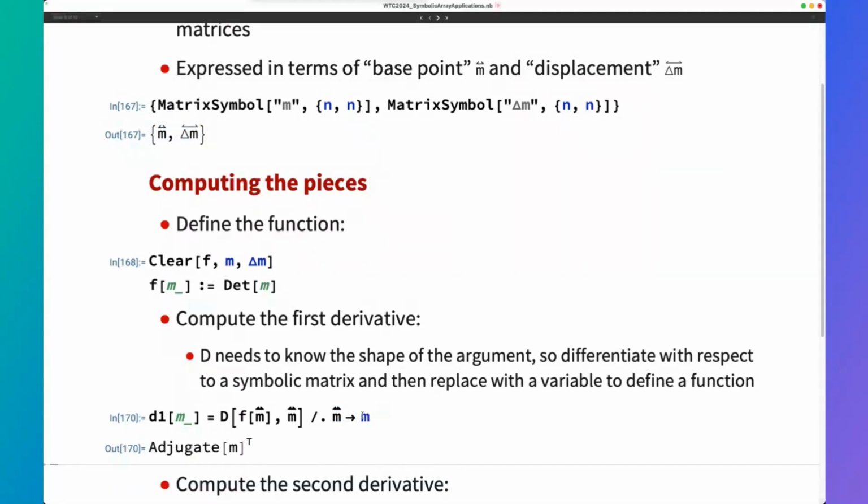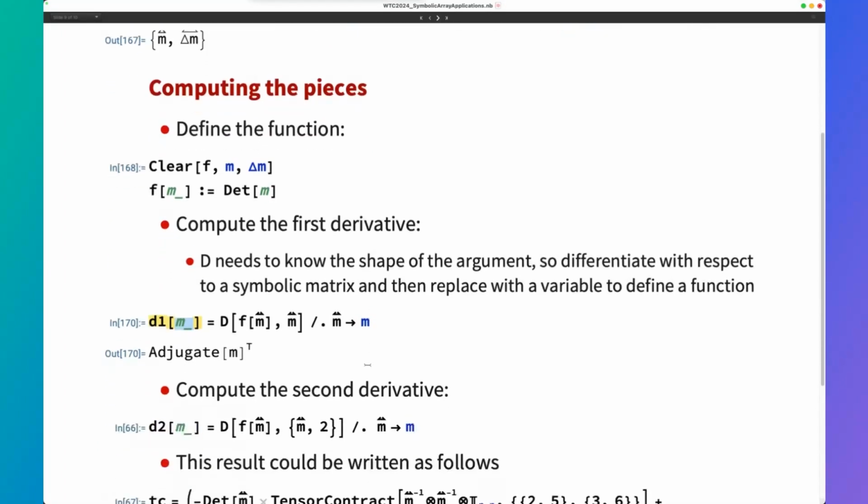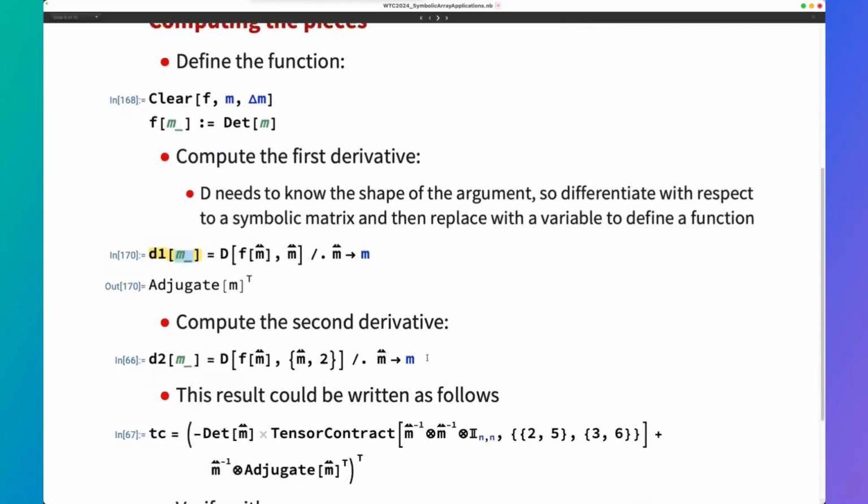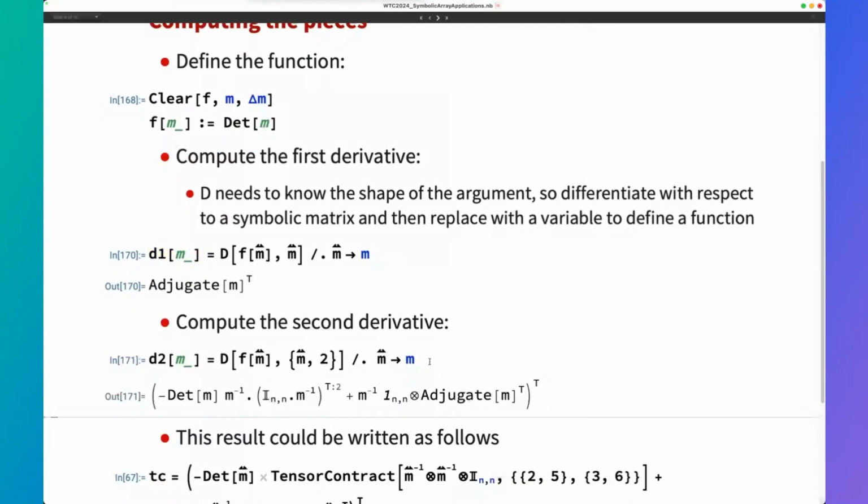Well, if I didn't, I would have a literal copy of the matrix m inside of the result, which would sort of defeat the purpose of having defined the variable here to begin with. So this is a little bit uncomfortable. I don't know that we have a great answer. Adam and I both encountered this in different ways and came up with our own solutions. But that's sort of the way to do it. Now that we know what the trick is, computing the second derivative is straightforward.